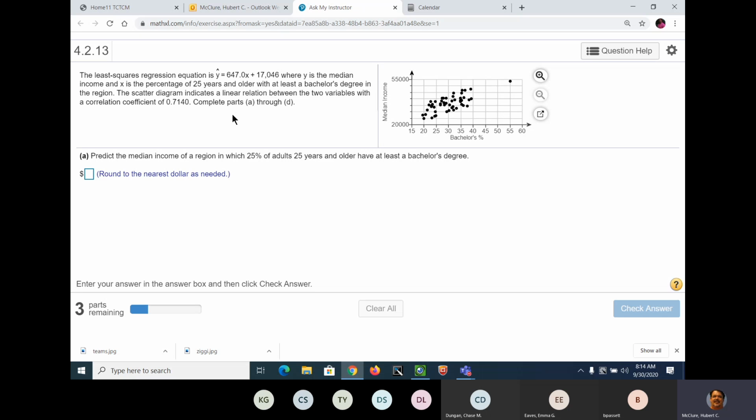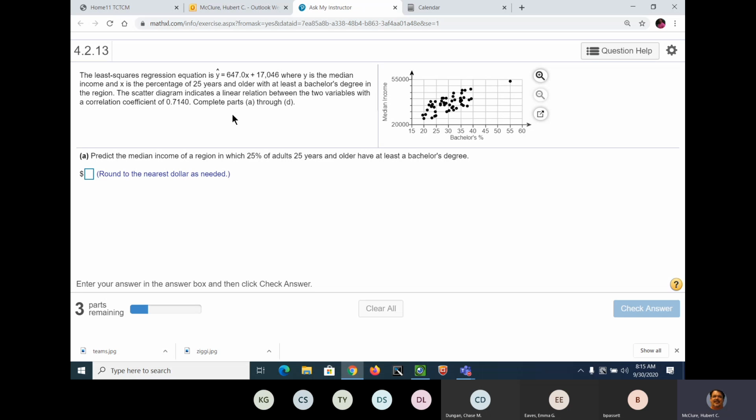Okay, parts A through D. It says the scatter diagram indicates a linear regression line with a correlation coefficient R equal to 0.714. Let's read that out. X is the percent of people with a bachelor's degree.